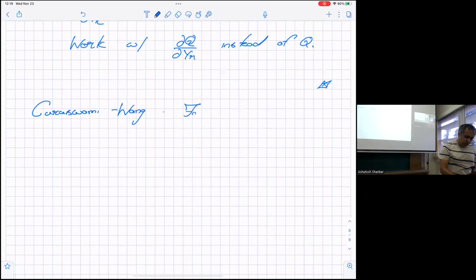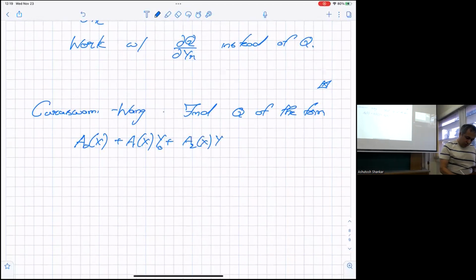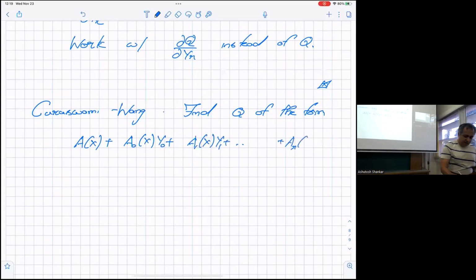Therefore, the only difference between this and Guruswami-Vardy is to find a Q of the form A of x plus A0(x) y0 plus A1(x) y1 all the way up to AR(x) yR, and that's what they solve.